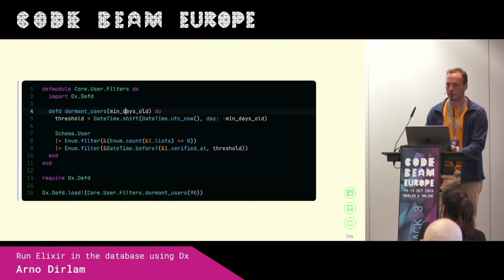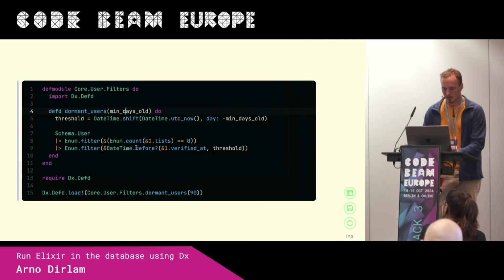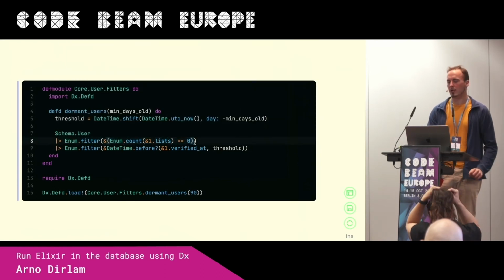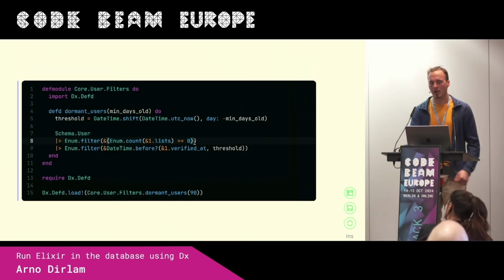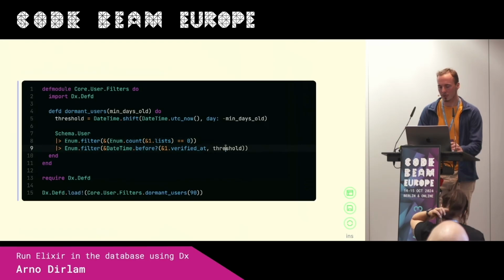Dormant users, we pass in a threshold, how many days old should they be in order to be dormant. And the definition is we take all the users, we filter by, okay, they don't have any lists, so the count of their lists is 0, and they were verified before the threshold.